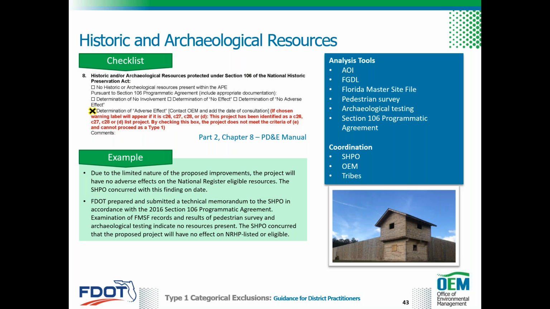Review Part 2, Chapter 8 of the PD&E Manual for guidance on the level of analysis and documentation that's going to be required. Supporting documentation for this topic may include a Cultural Resources Assessment Survey Report or Technical Memorandum, and that should be uploaded into SWEPT. SHPO concurrence letters should also be included with the checklist if applicable.